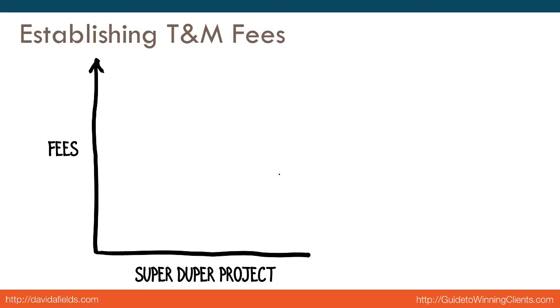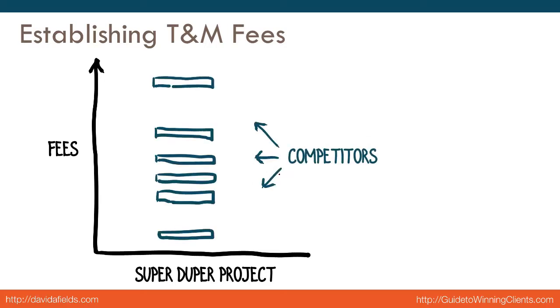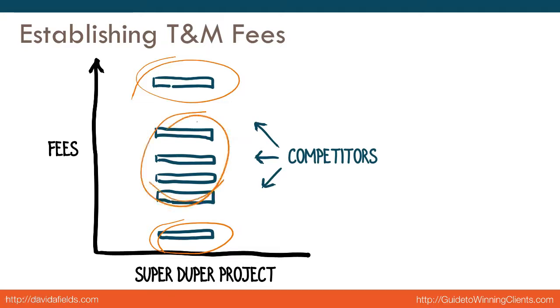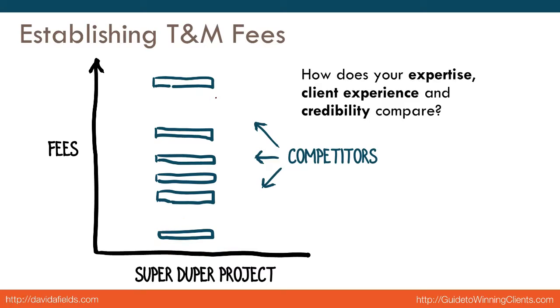In a time and materials environment, you have to look at your competitors. There's typically a range of fees that other consultants charge for the same work. Maybe there's someone who lowballs, and maybe there's some super premium consultant out there. Usually there's a lot of consultants kind of clustered around the same rate. So just take a look, see what's out there. And then you need to consider your expertise, the client experience you deliver, and most importantly, your credibility compared to the market.